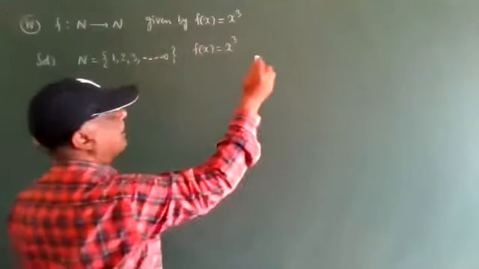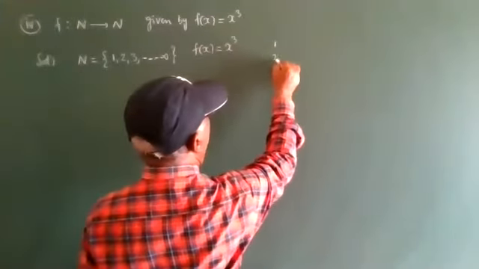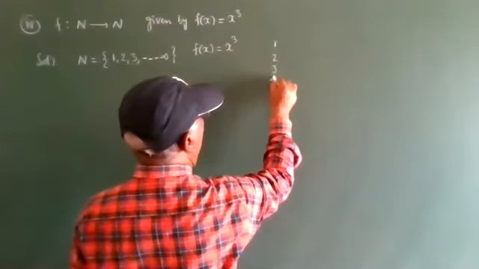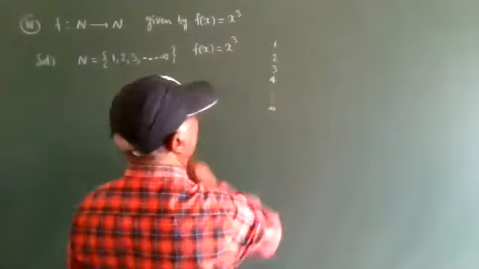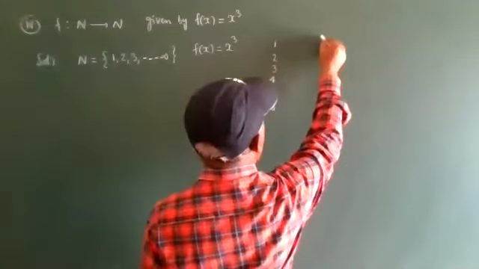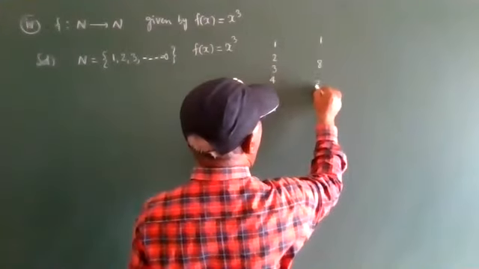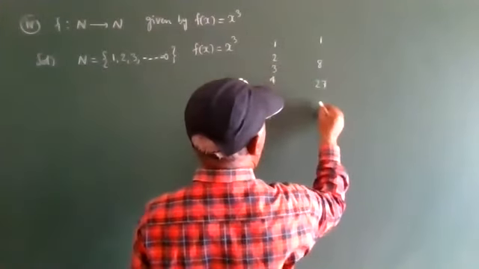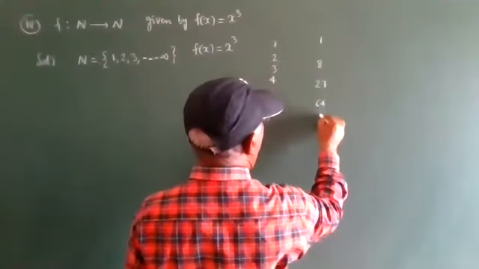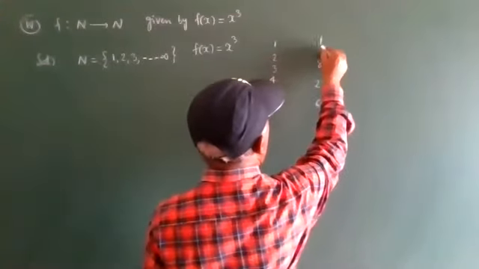First I will draw the figure. Natural numbers are 1, 2, 3, 4 up to infinity. Next, for the other set, 1, 8, 27, and next 64 up to infinity. What about the remaining?